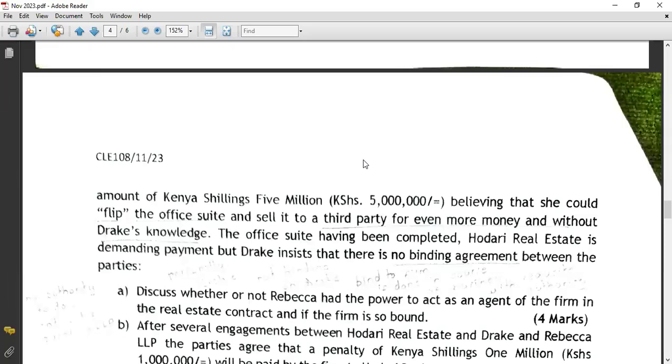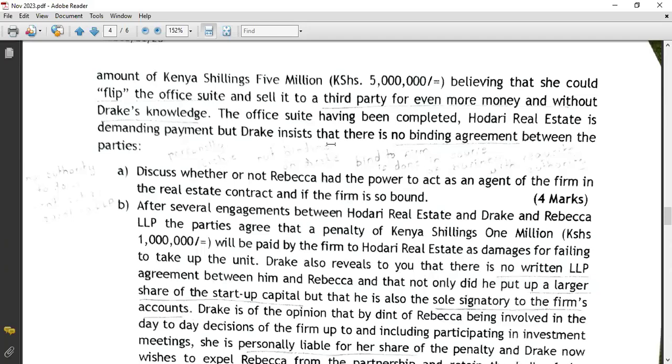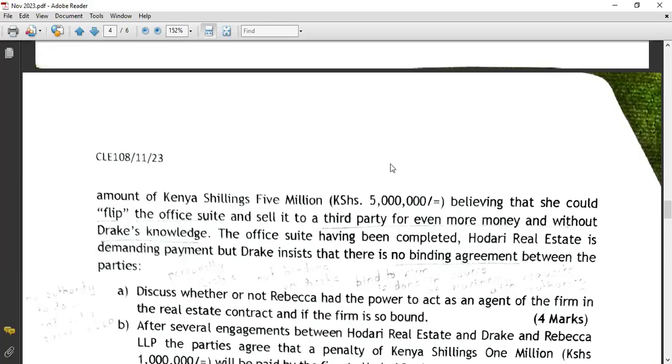The office suites having been completed, Hodari Real Estate is demanding payment, but Drake insists that there is no binding agreement between the parties. So discuss whether or not Rebecca had the power to act as agent of the firm in the real estate contract, and if the firm is so bound. Interpret the question.